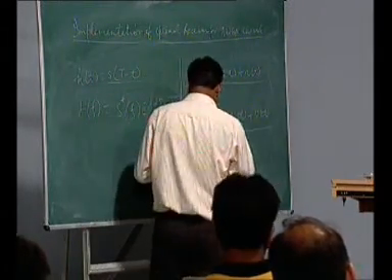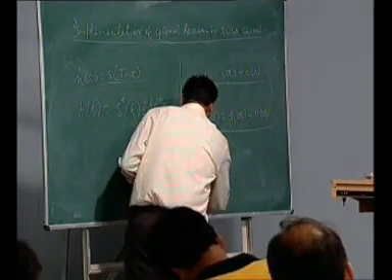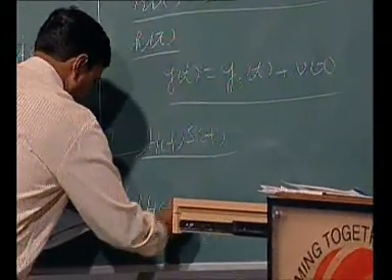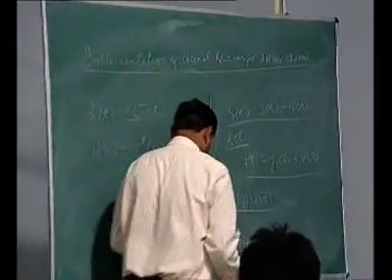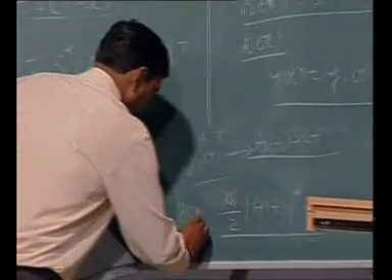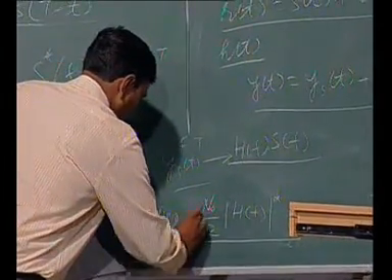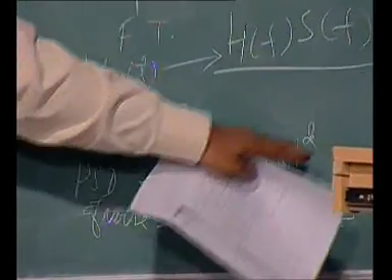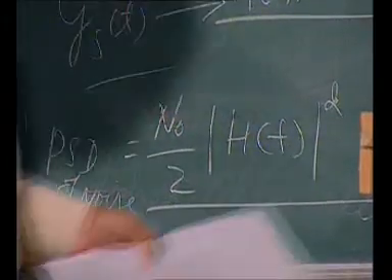So the power spectral density of the noise is given by N0 by 2 times |H(f)| squared.